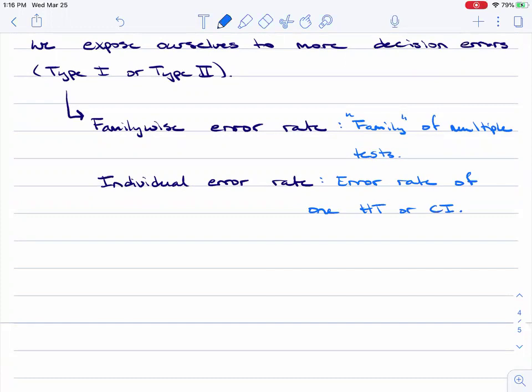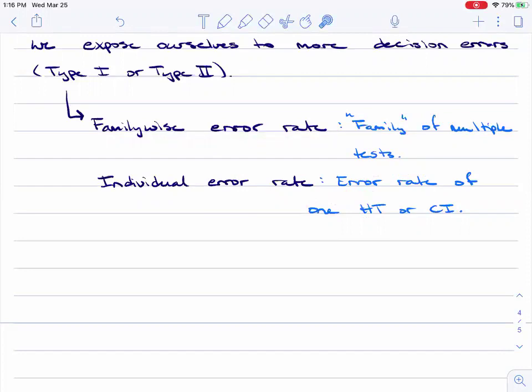Right? So usually earlier, we were concerned with the individual error rate. If I run one hypothesis test, what's the probability of a type 1 error, type 2 error? And now what we're concerned with, with Fisher's LSD, was the family-wise error rate.